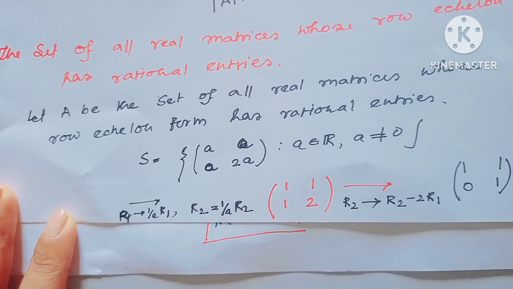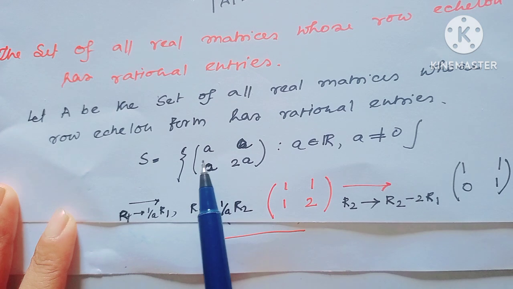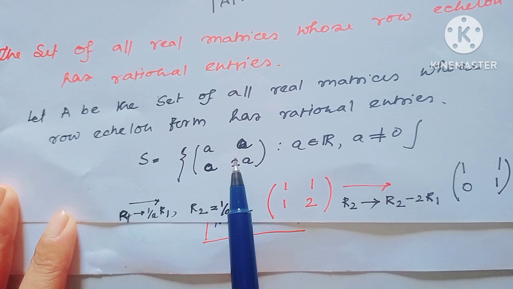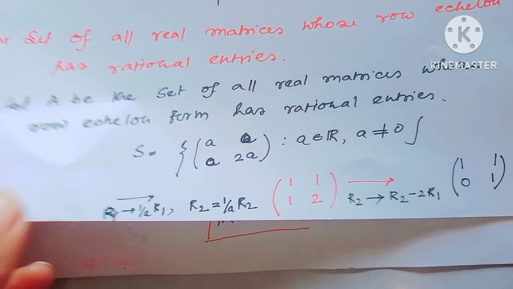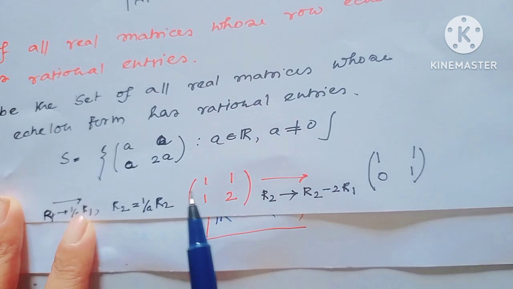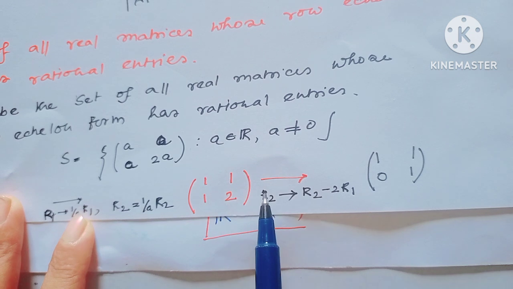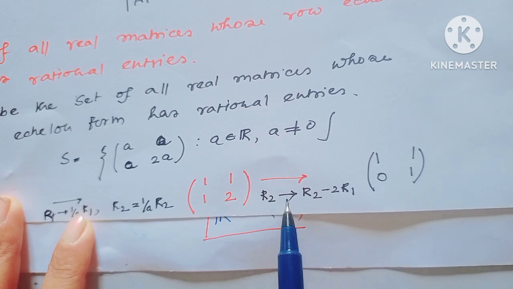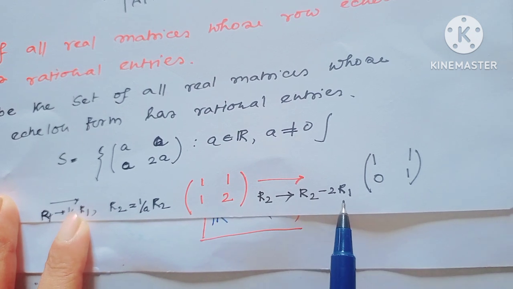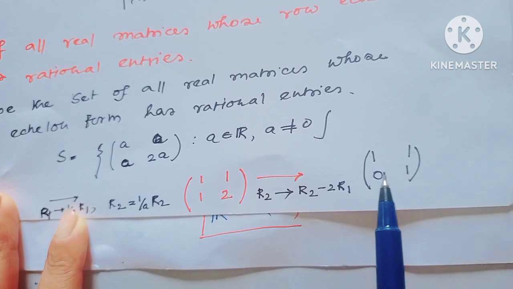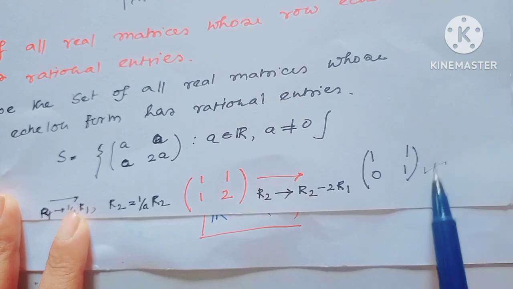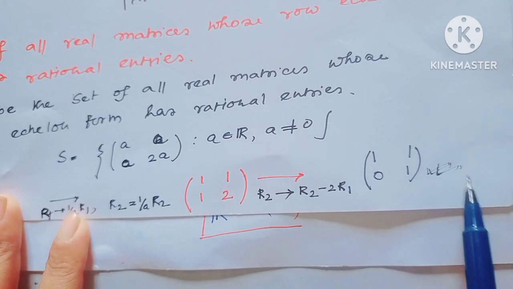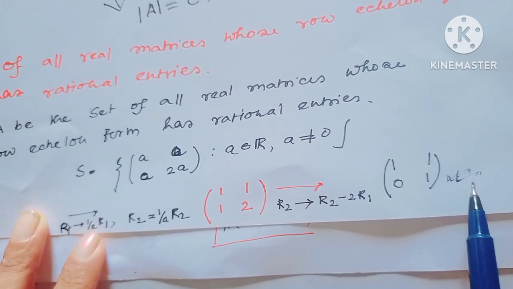After row reducing, first R1 becomes (1/a) R1 and R2 becomes (1/a) R2, then the matrix reduces to [1, 1; 1, 2]. Then R2 becomes R2 minus R1, and the matrix reduces to [1, 1; 0, 1]. This is the row equivalent form with rational entries.